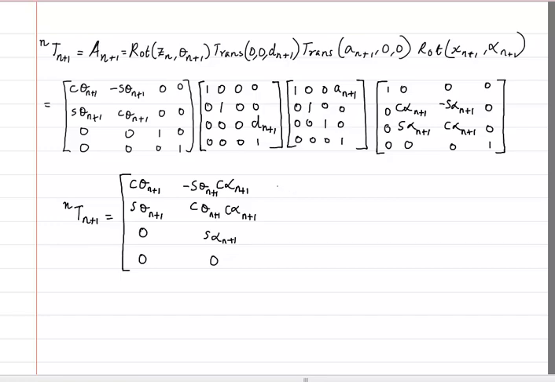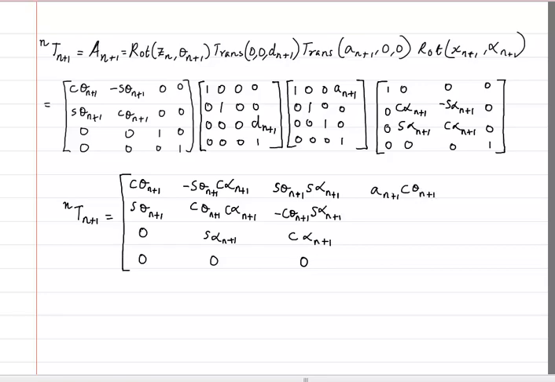then sine theta n plus 1 multiplied with sine alpha n plus 1, minus cos theta n plus 1, sine alpha n plus 1, cos alpha n plus 1, 0, then a n plus 1 cos theta n plus 1.